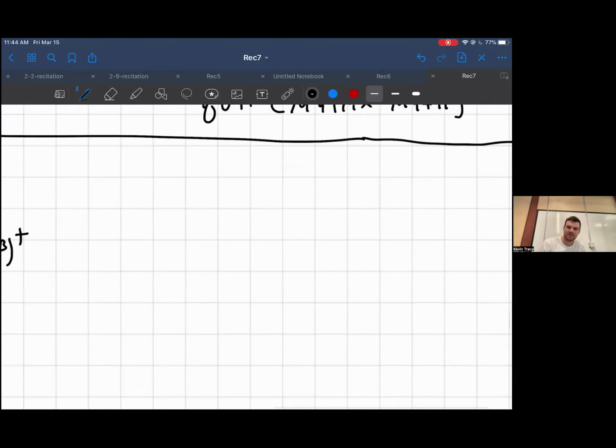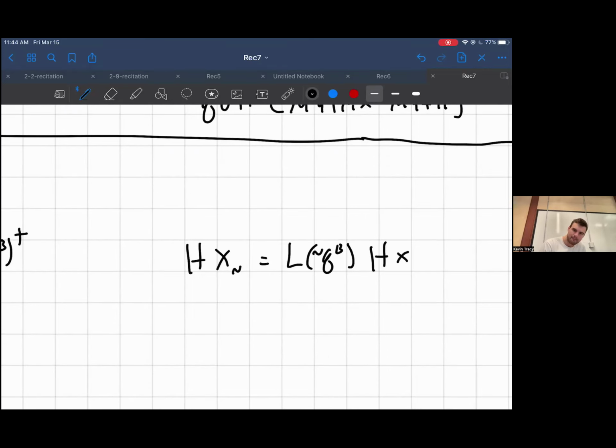And then I can do the same thing in matrix math, just going xn equals L(Q) H xB.